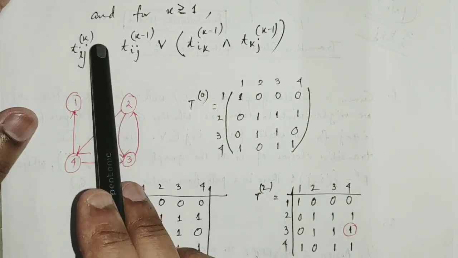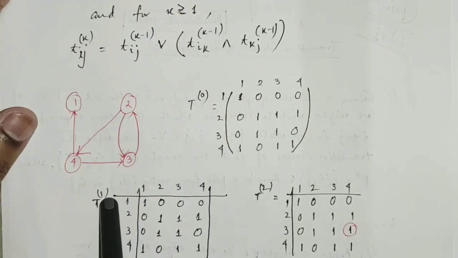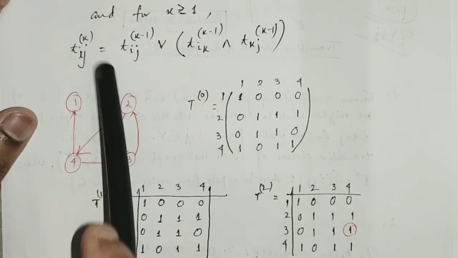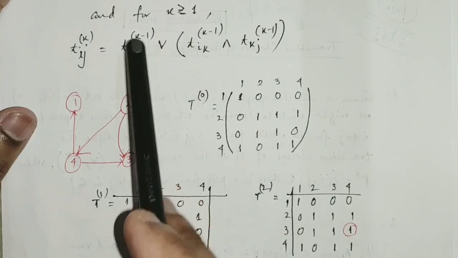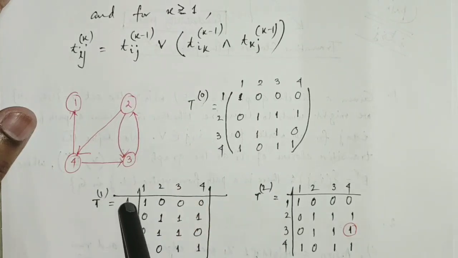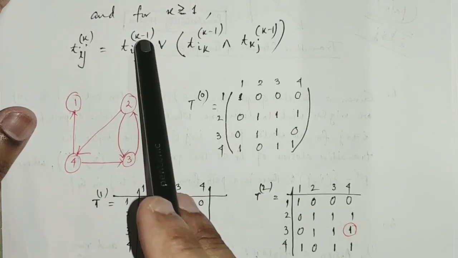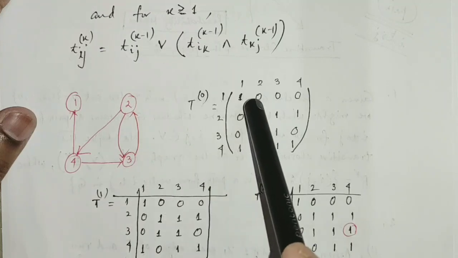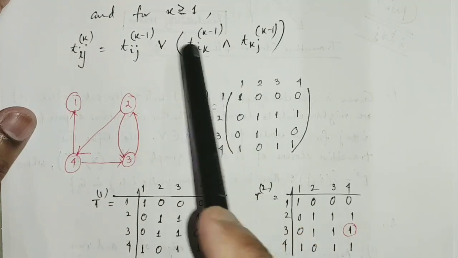So T of ij using k equals 1. Ultimately the matrix will be T1. This one indicates k is the intermediate vertex and the k value is 1. T of ij using k minus 1. So whenever you are calculating 1, 1 using 1 as an intermediate, then 1 to 1 using 0, take the value of 1, 1 from T0.